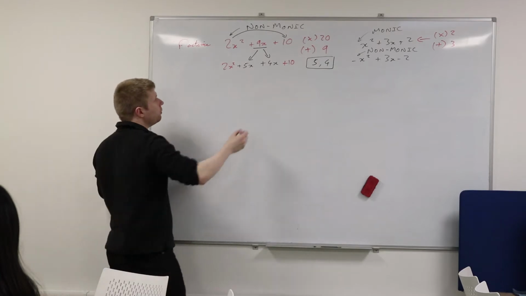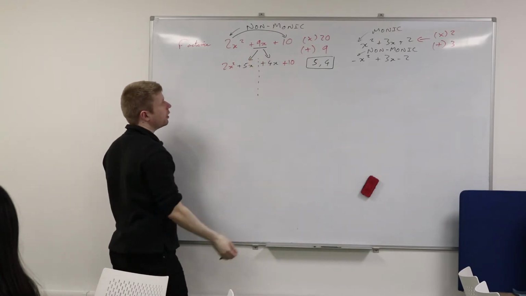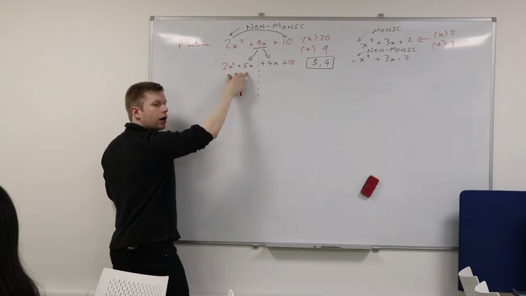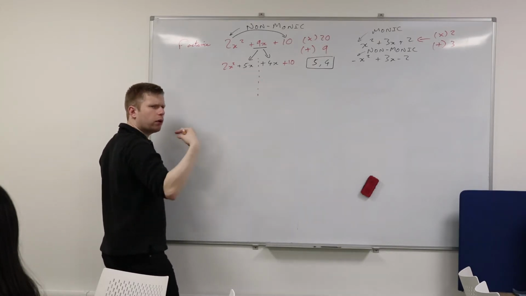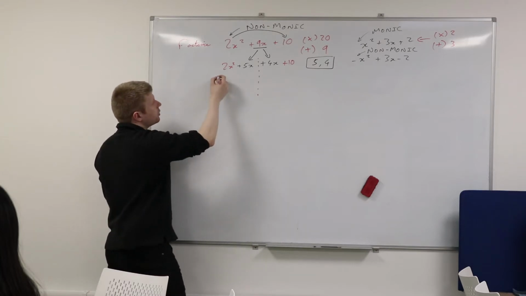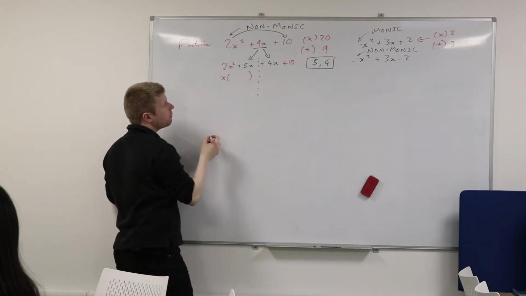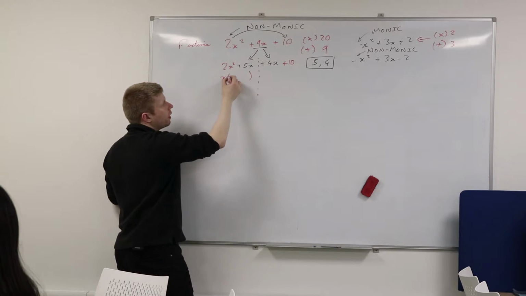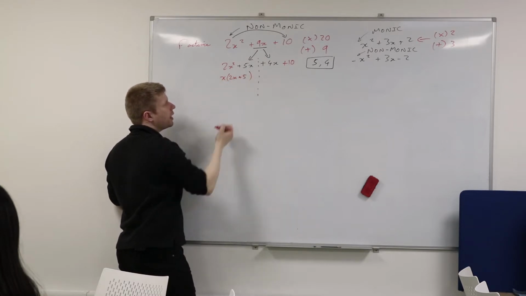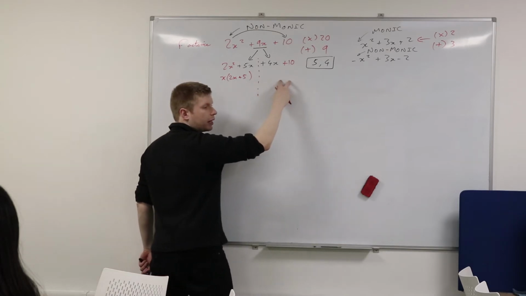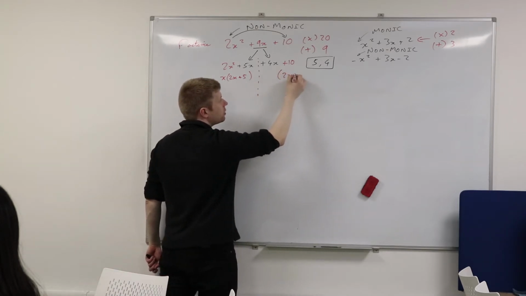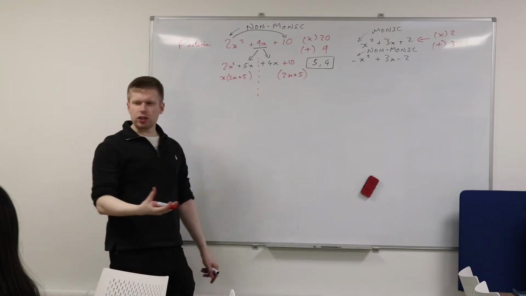Okay? And all you do is you just split this down the centre, and you go, okay, I can totally factorise this half. So if I was going to factorise 2x squared plus 5x, what would I pull out? Just an x, right? And what would go inside the brackets? 2x plus 5. Now whatever happens, I must have exactly the same bracket over here. I must have a 2x plus 5. So actually the question becomes slightly easier.